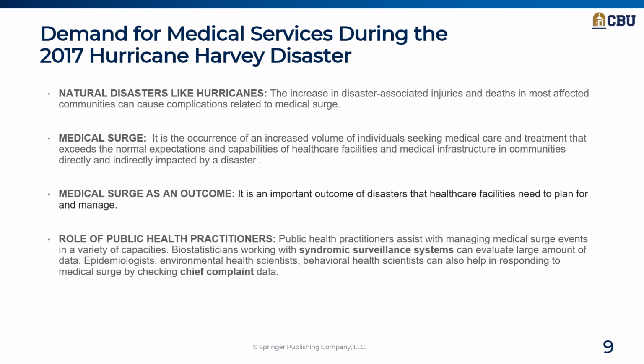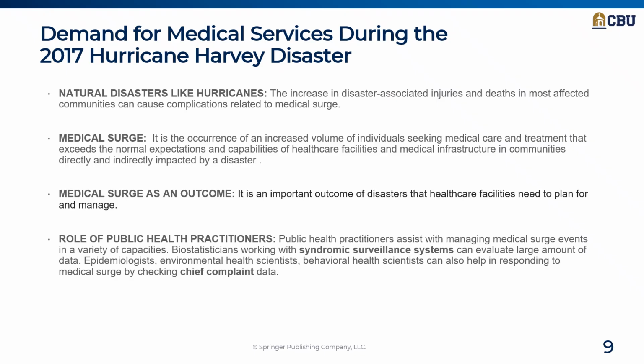People like myself, epidemiologists, we use syndromic surveillance systems like ESSENCE, which is run by the federal government. It's part of the CDC's National Syndromic Surveillance Program. So we use this data system to access emergency department data to detect spikes in visits. We can estimate how big the surge will be and how many additional patient facilities must be prepared.